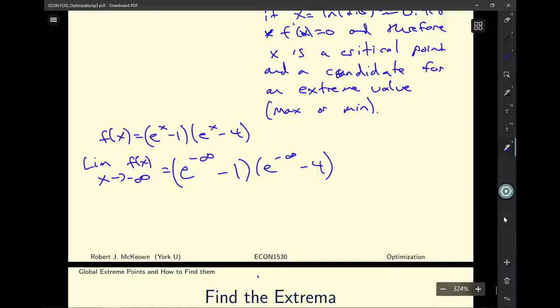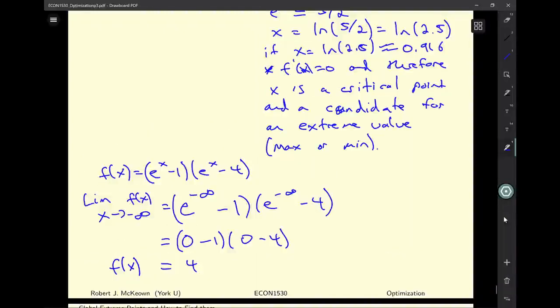So if we assume that in the limit we've got e to the negative infinity, and that's equal to 0, then we find that f of x is equal to 4. Negative 1 times negative 4.